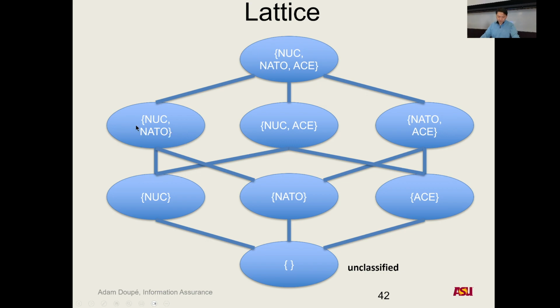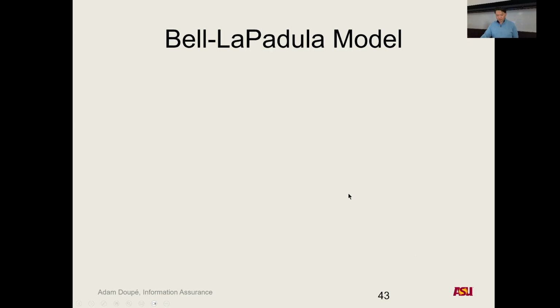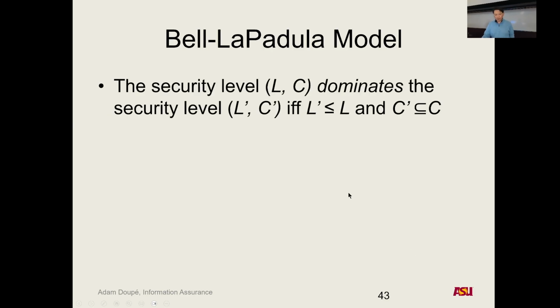So these categories dominate these categories, and these two categories are part of these categories. So this top node dominates this subset sub node. Based on this, we can define the conditions in the previous model, the military model. We can say the two conditions.